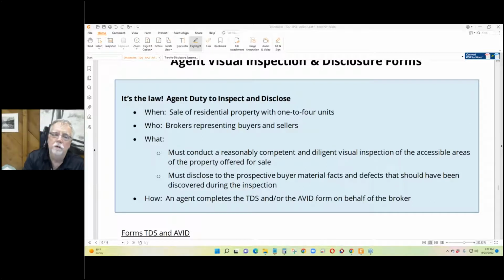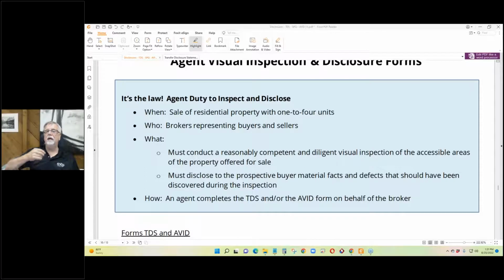Now, if you work for a real brokerage, they're going to want you to do the AVID and they're going to want it to be in the file. But I'm just saying, of the two AVIDs, the buyer's agent's AVID or the listing agent's AVID, it's the listing agent's AVID that is required by the civil code, or you can cancel.